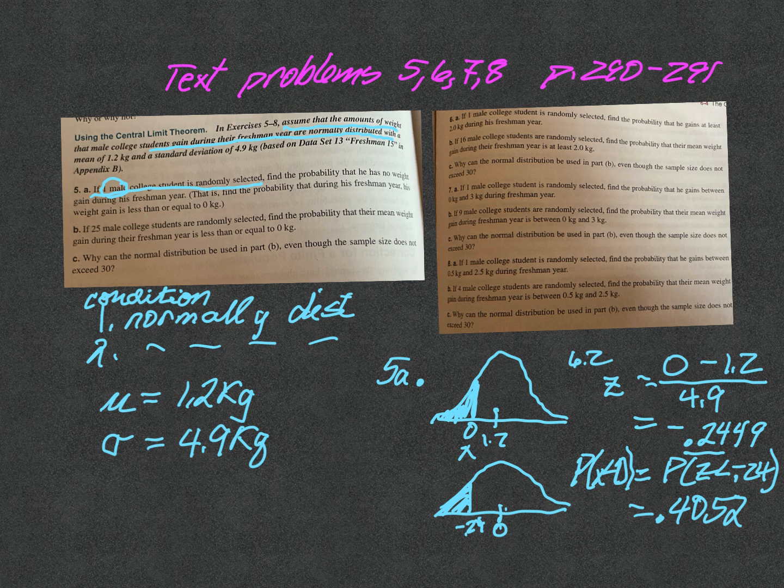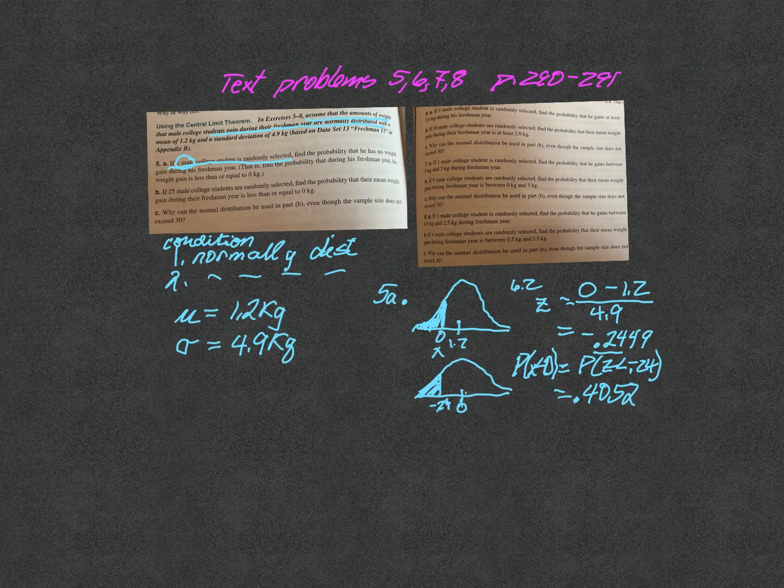All right. And so there's about a 40% chance that a student picked at random would have no weight gain. Okay. Now, just to remind you, let's do this again.